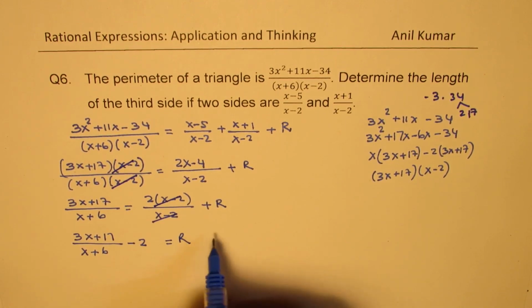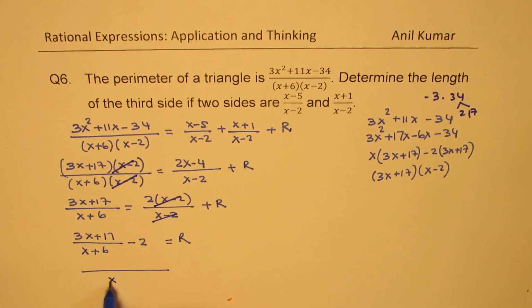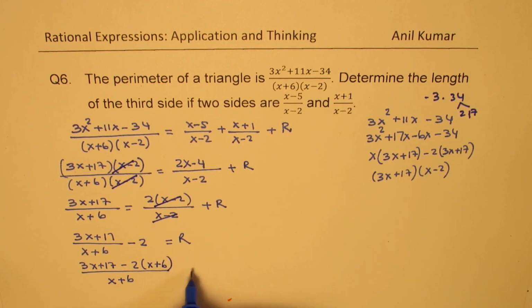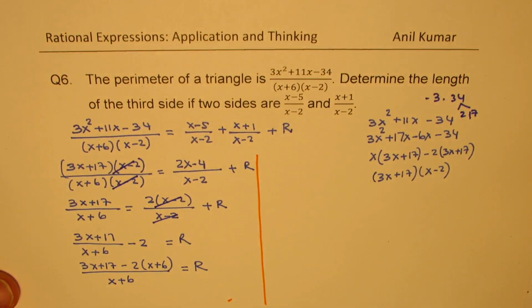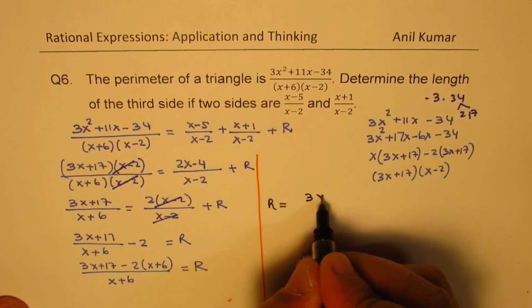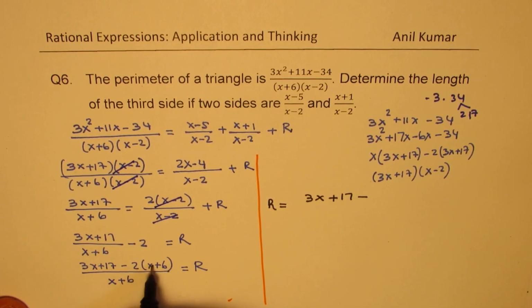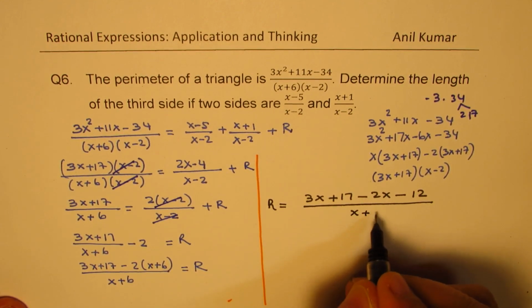Okay, so we can take a common denominator. So that gives us x plus 6 as a common denominator. So we have r equals (3x plus 17 minus 2 times (x plus 6)) over (x plus 6), correct? So let's solve for r. So r equals (3x plus 17 minus, let's open this bracket, 2x minus 12) over (x plus 6).